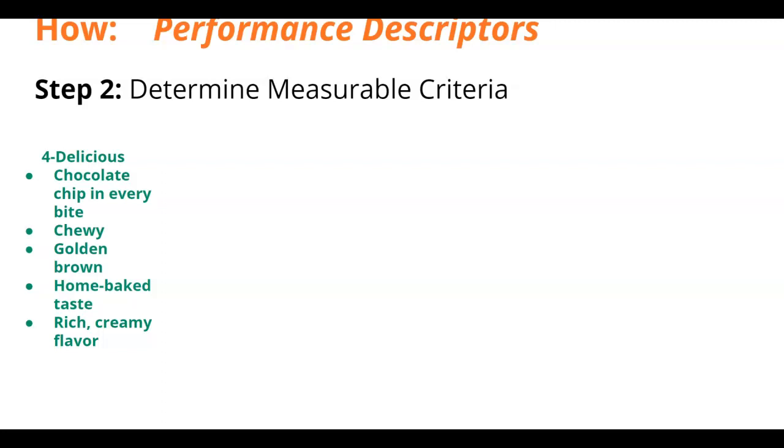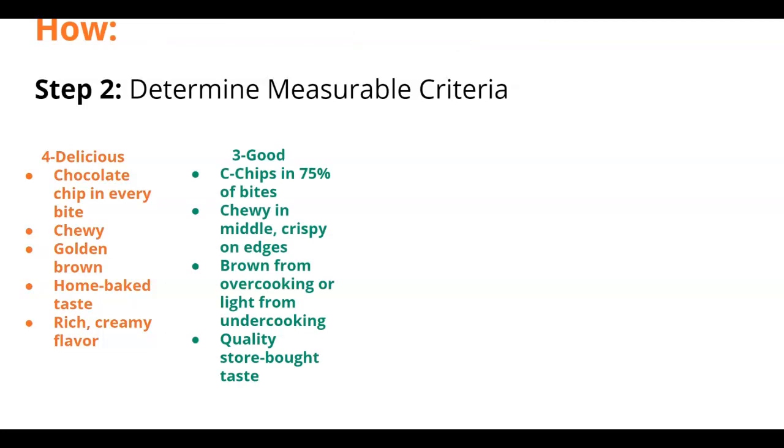But I also have to communicate, if they're going to lose points, how and why they might lose those points. So let's move down to the 3. In terms of the number of chocolate chips in a good cookie versus a delicious cookie, there might only be chocolate chips in 75% of the bites. It might be chewy in the middle but crispy along the edges.